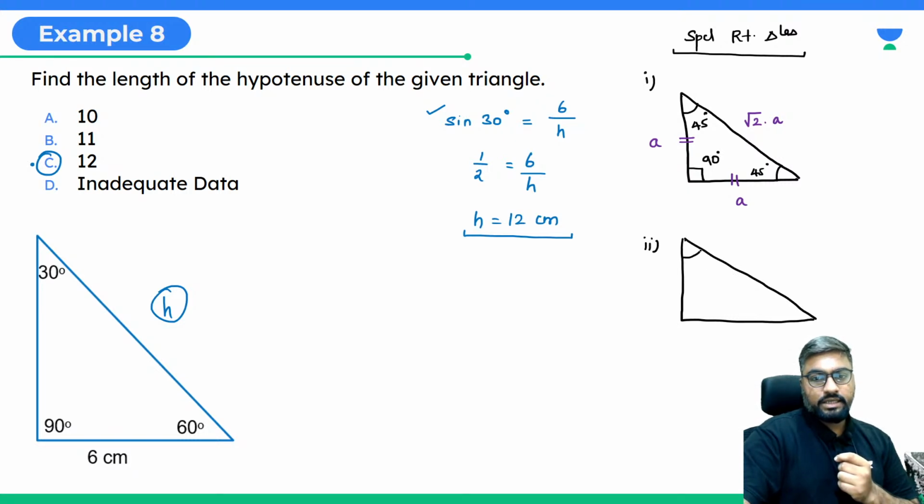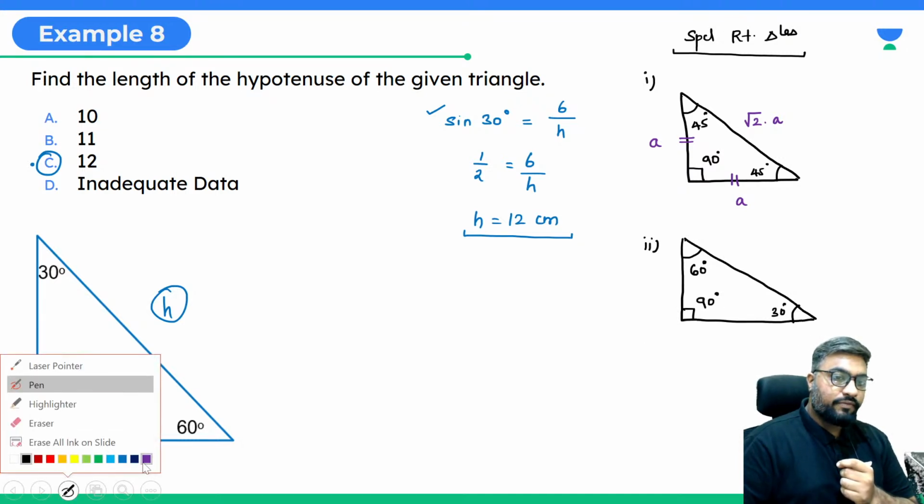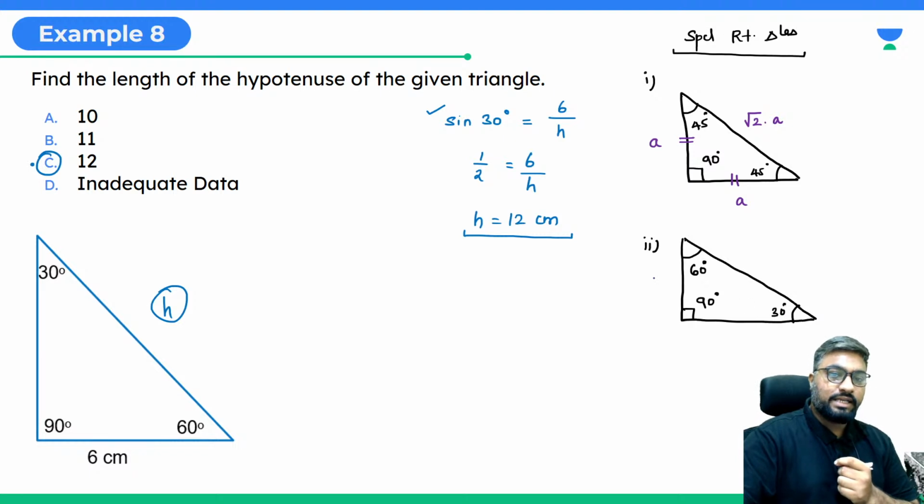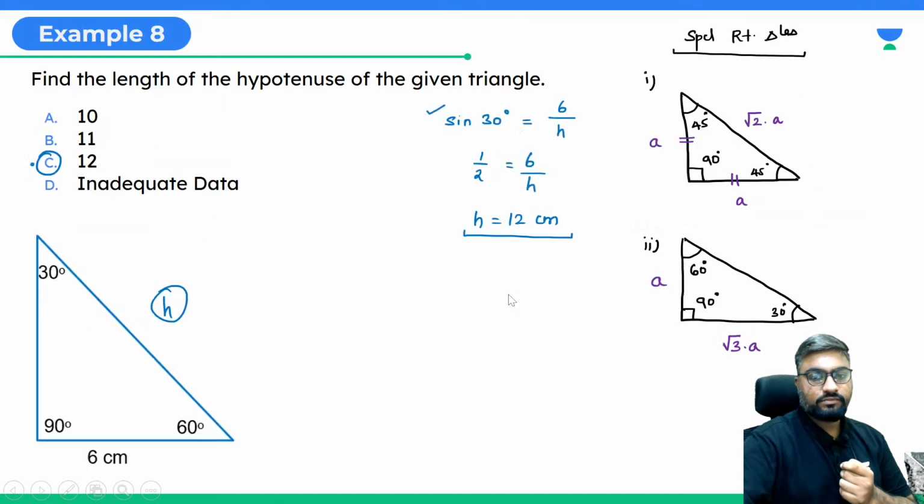So let's say this is 60 degrees, this is 30 degrees, and this is 90 degrees. So what happens in a 30-60-90 right triangle? If the side opposite to 30 degrees is A, then the side opposite to 60 is root 3 times A, and the side opposite to 90 is 2 times A. Clear?